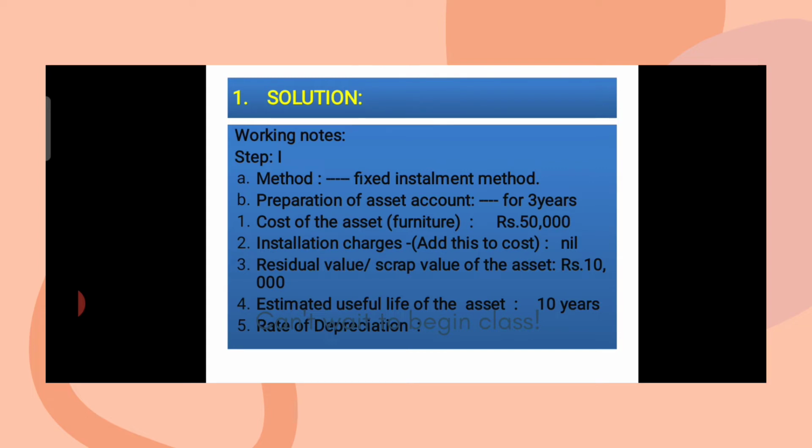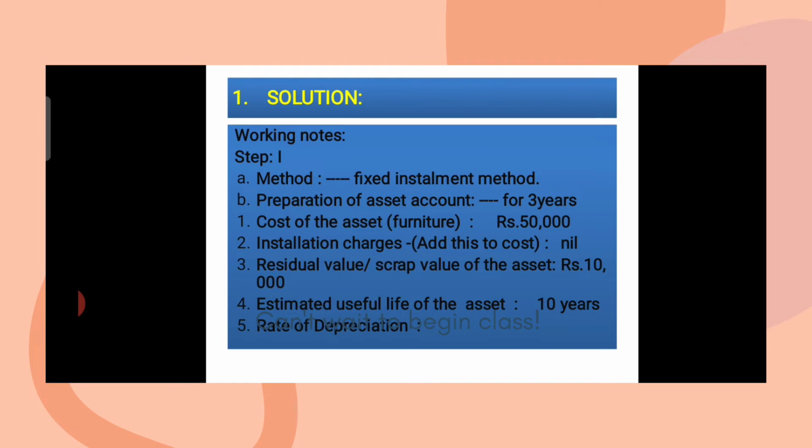And some other important working note points I have extracted from this problem. See, cost of the asset, furniture, is rupees 50,000. Second point, installation charges. In this problem there are no installation charges, so we can show it as nil.